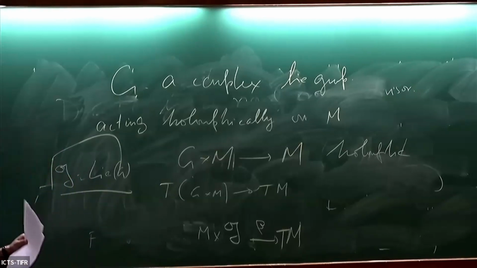So he had a classification of equivariant holomorphic vector bundles on smooth toric varieties, and you have the corresponding classification, but instead of vector bundles, take principal bundles with reductive structure group. Okay, but let me not get into that.